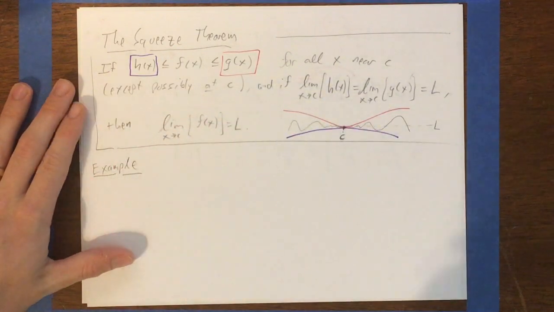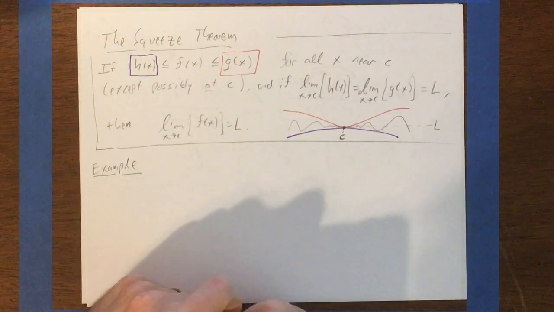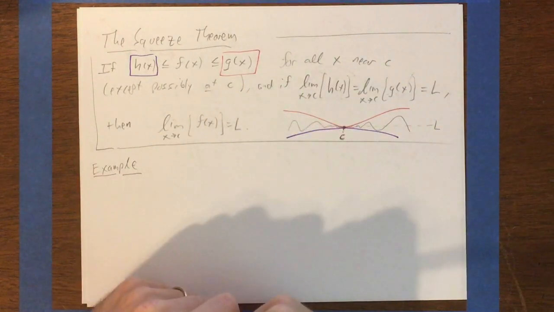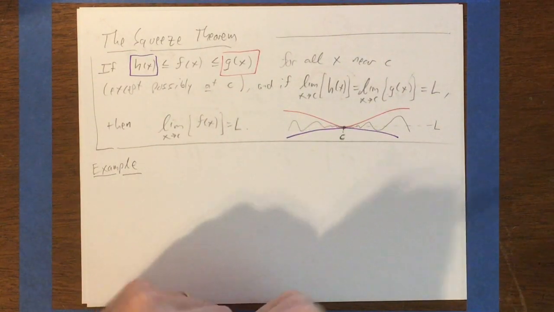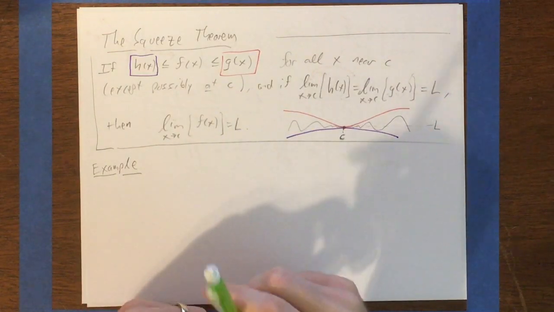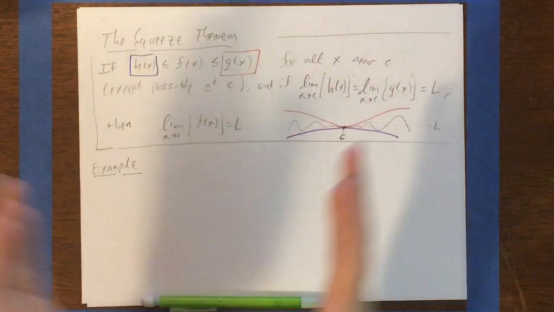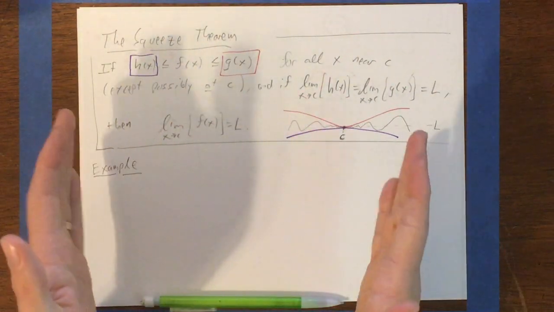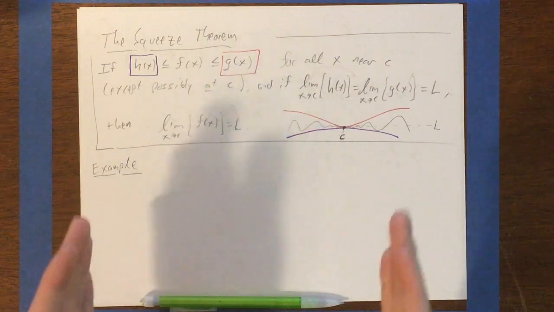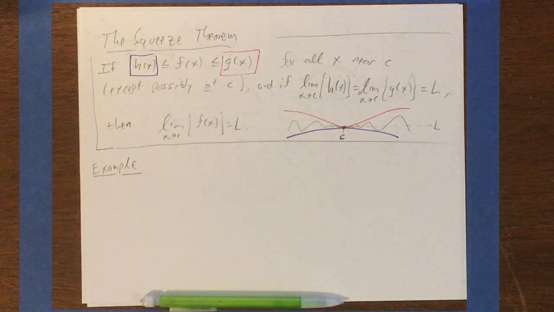Now, one type of function which really lends itself to applying the Squeeze theorem is a sine or cosine function. Because for sine and cosine functions, we know that their values are bounded between -1 and 1. Now, the fact that we have those bounds above and below, -1 and 1, is a lot like the Squeeze theorem. It's like saying, hey, look, we're between -1 and 1.